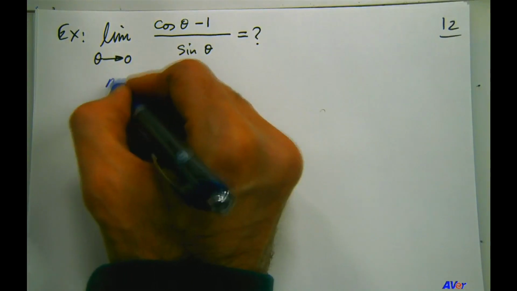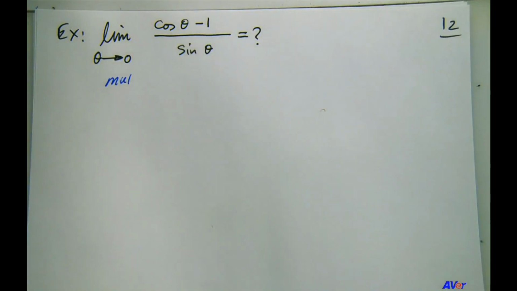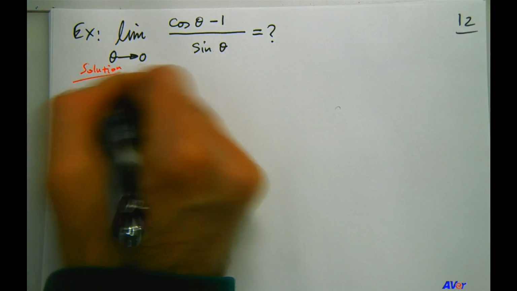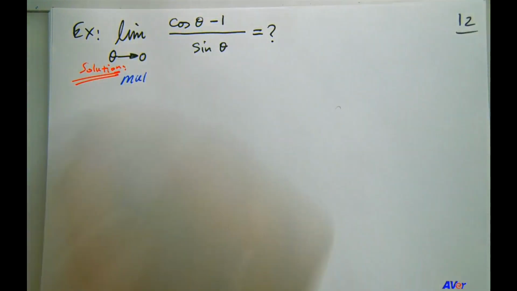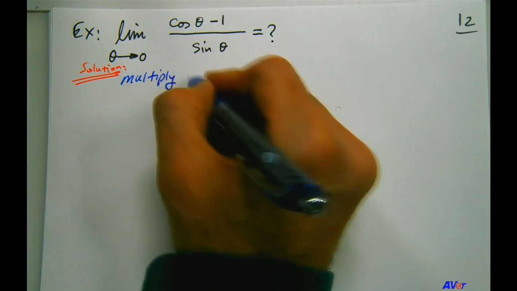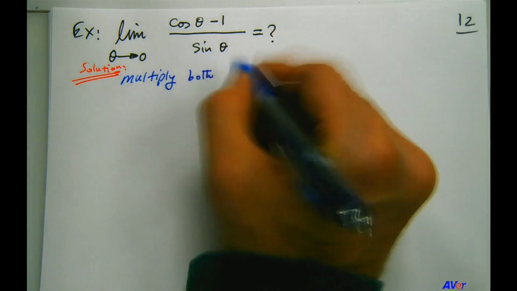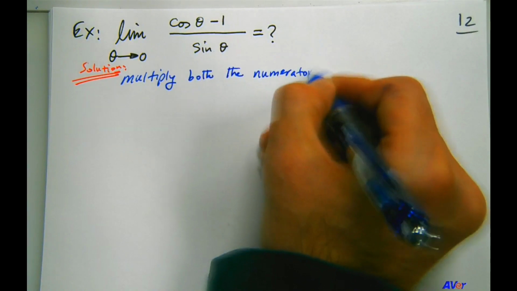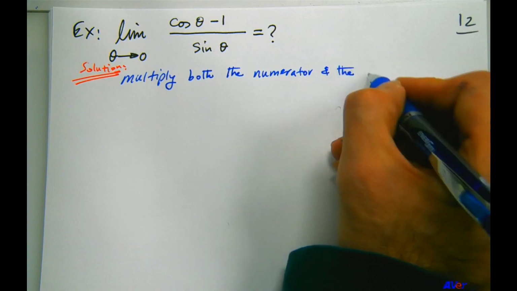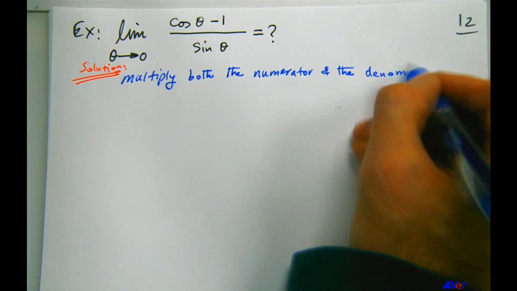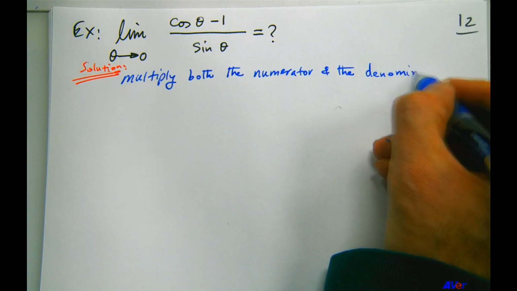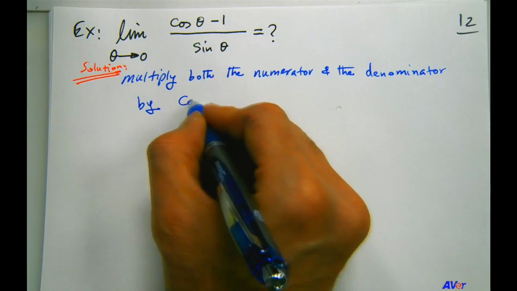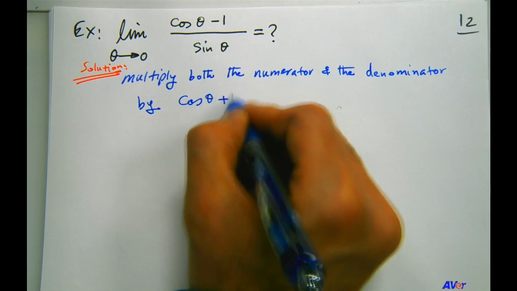So this is where the solution begins. Multiply by cosine of theta plus 1.